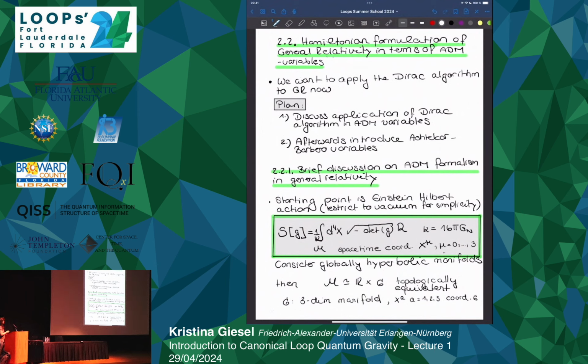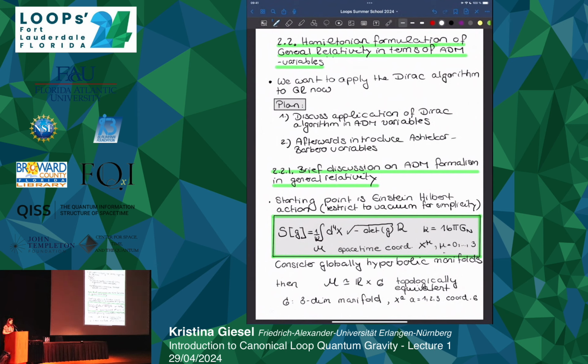Now then, let's apply all this to the theory that we are interested in, which is general relativity. And for this, we first need to bring general relativity into its Hamiltonian formulation. For this, I will explain and discuss how we can apply this Dirac algorithm I was just explaining.